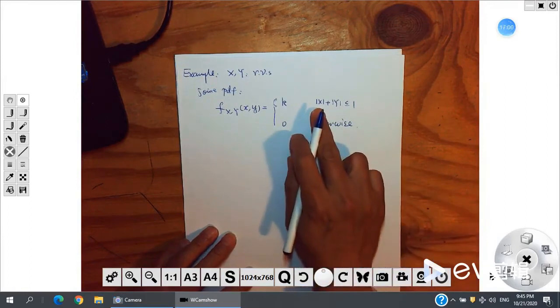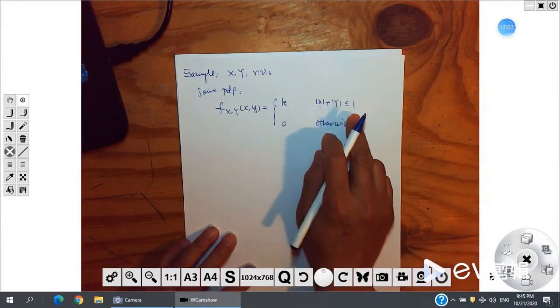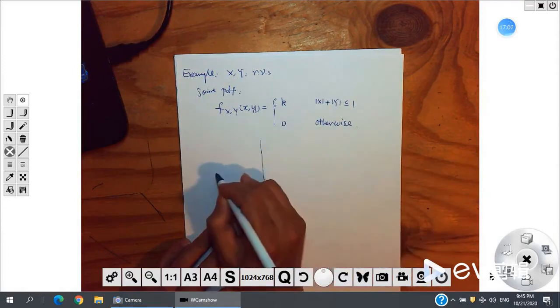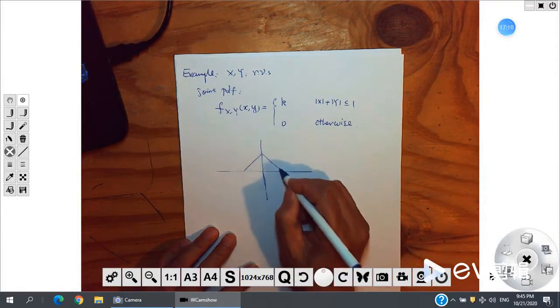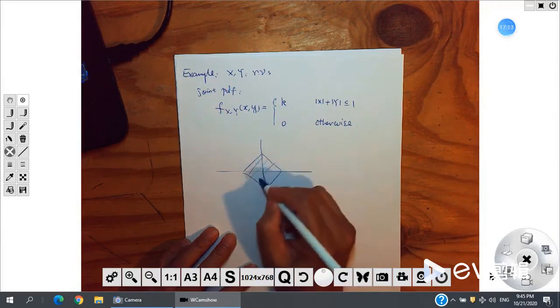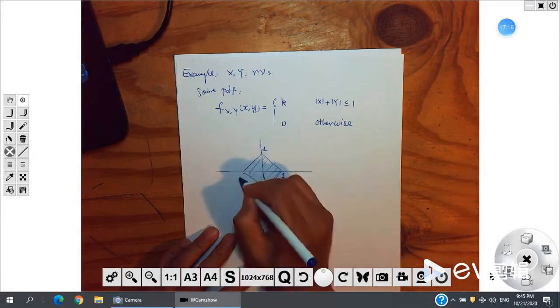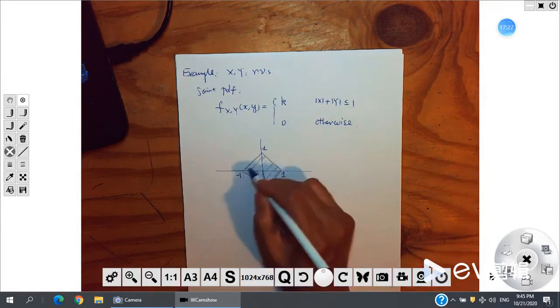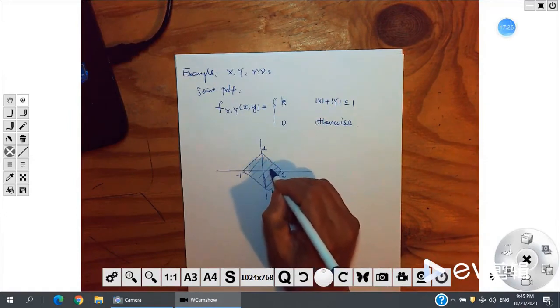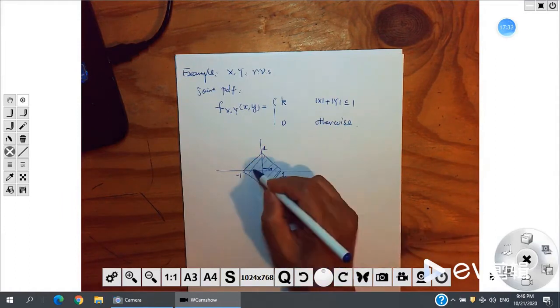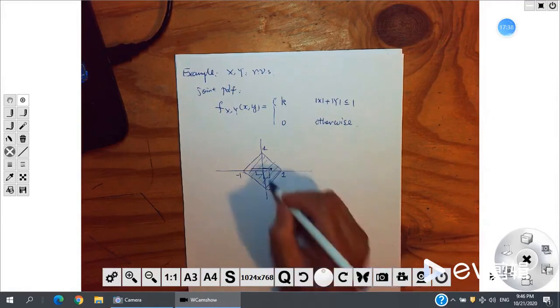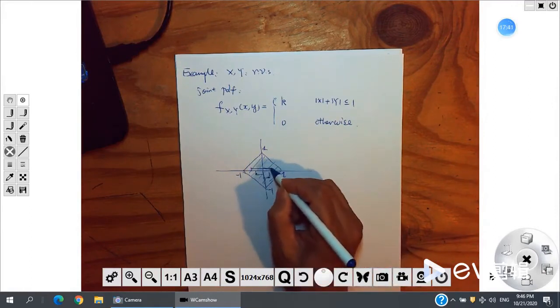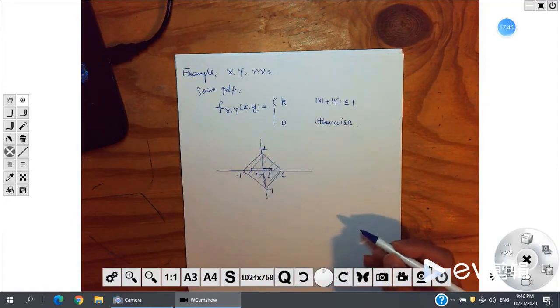The absolute value of x plus the absolute value of y being no more than 1 gives an area like this. Here's 1, here's 1, here's negative 1, here's negative 1. Every point inside this region has the sum of absolute values of x and y no more than 1. You can pick any point in this area and check.